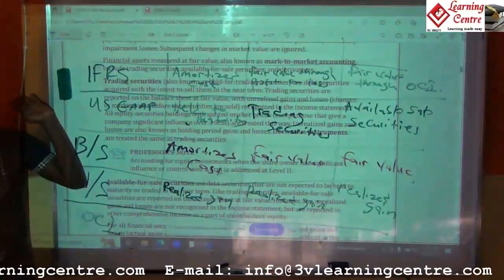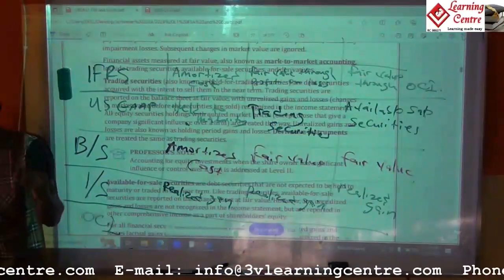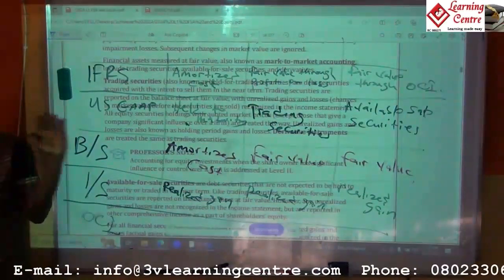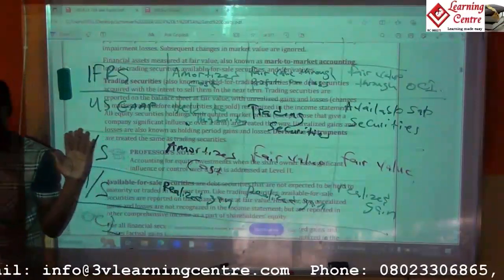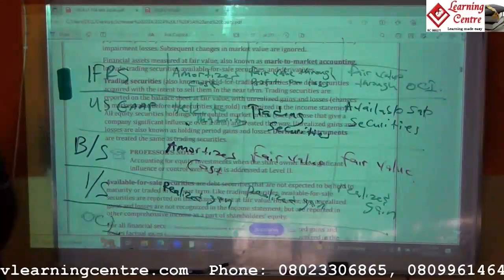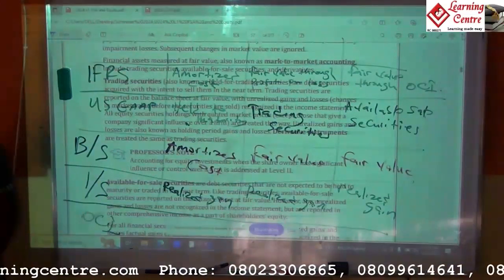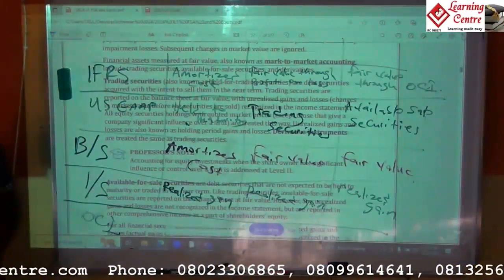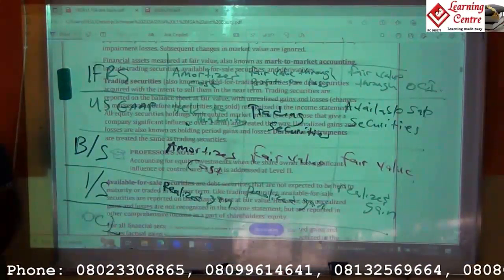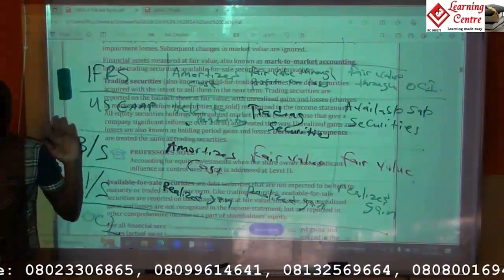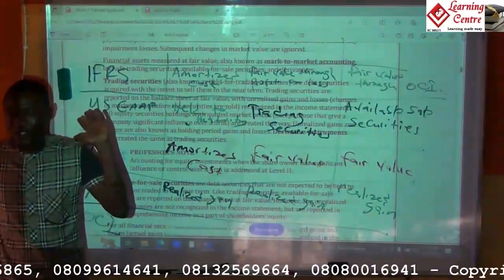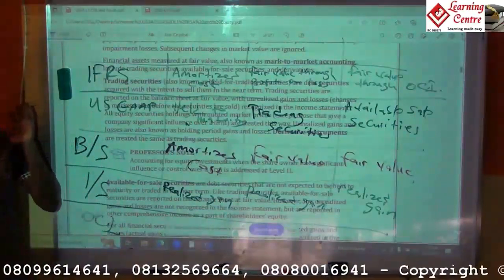You understand what I'm saying? You want to buy a financial or marketable security and your motive is to hold to maturity. That is the reason why you are investing in this.